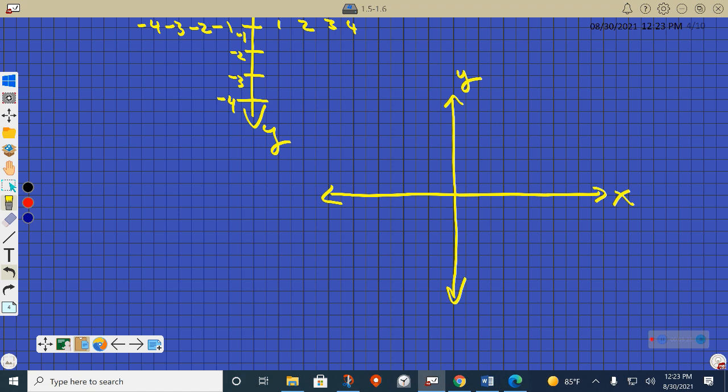Again, I'm going every 2 boxes is going to be one unit. Okay, you could do it differently on your graph paper. You want to just go every 1 box is 1 unit. Knock yourself out. So -1, -2. We're going to draw an x and y axis.